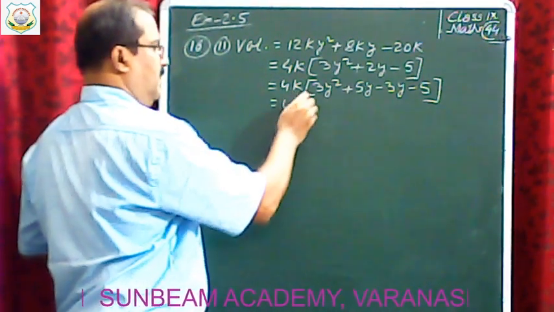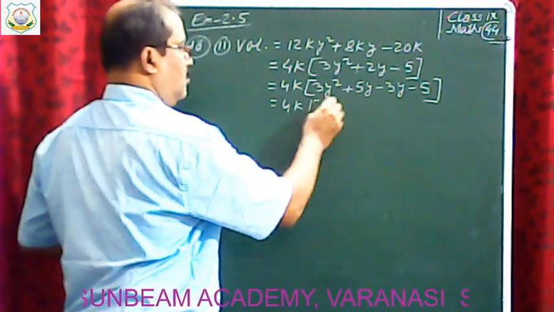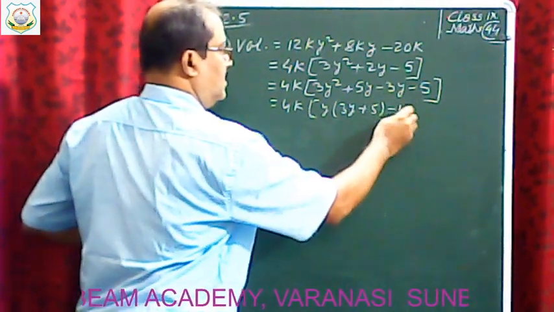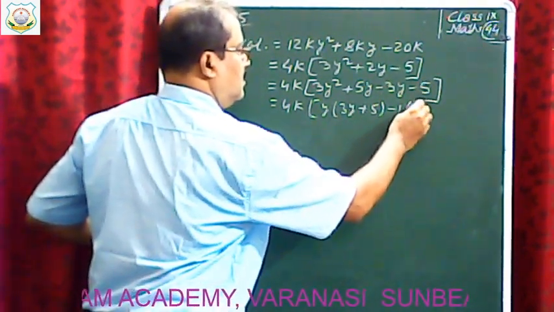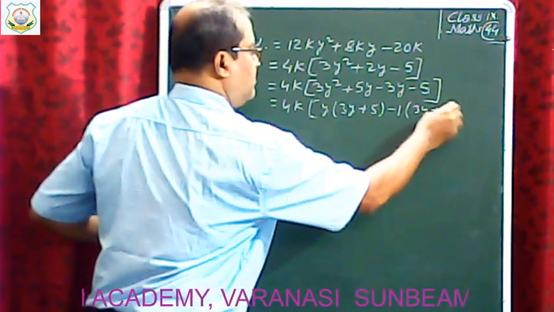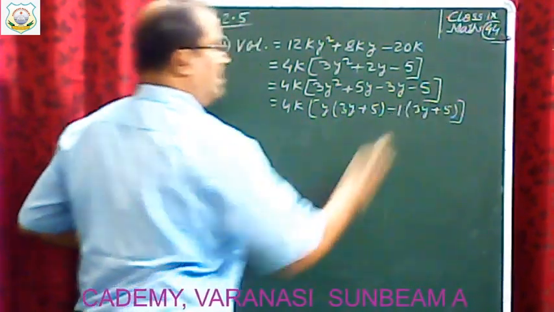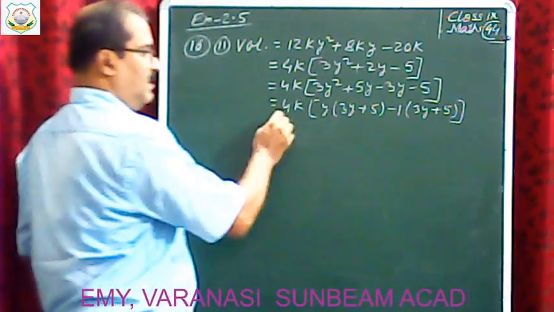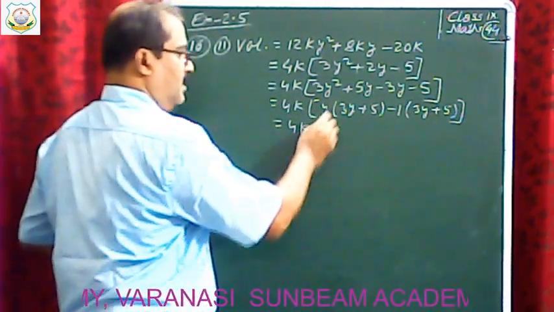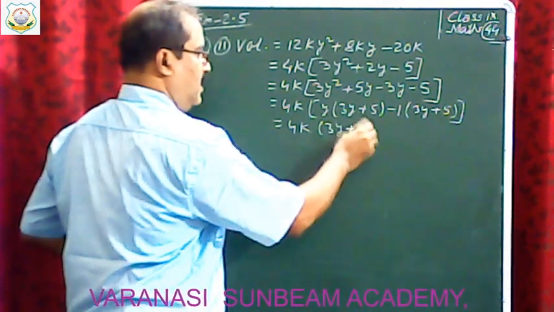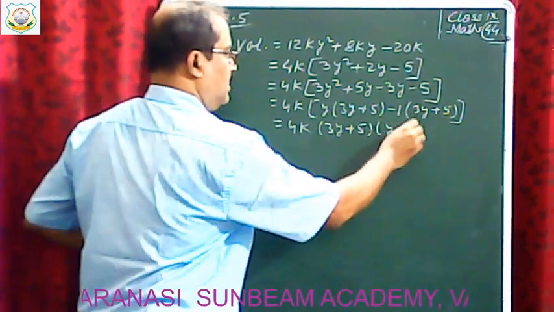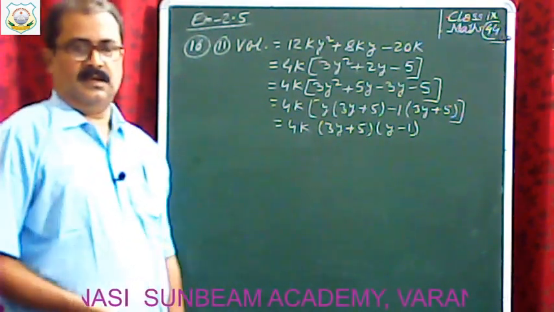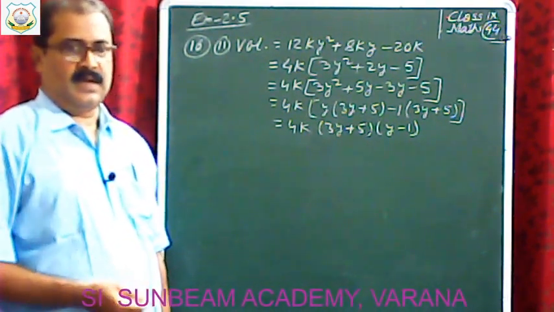Take out y common: 3y plus 5, and from the rest, minus, since you have taken out a common factor, you write the opposite sign of the terms within the bracket: 3y plus 5. So 4k, 3y plus 5 common, y minus 1 left. We get three factors: one is length, second is breadth, and third is height.